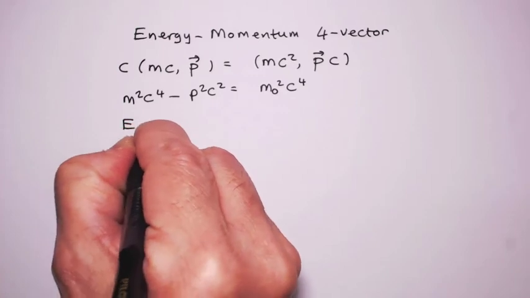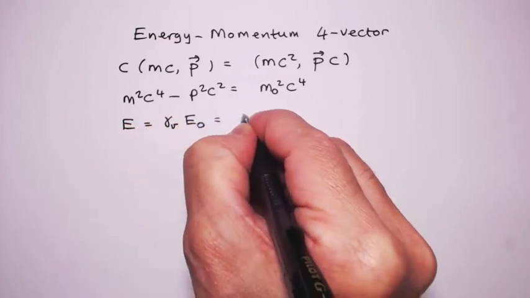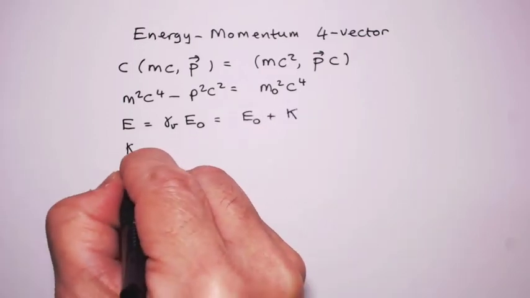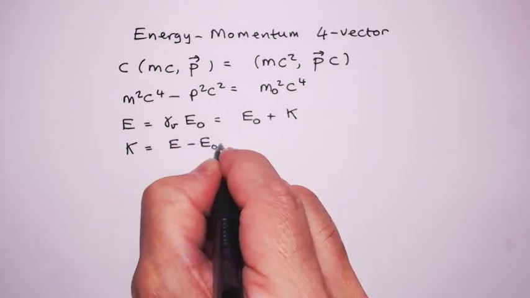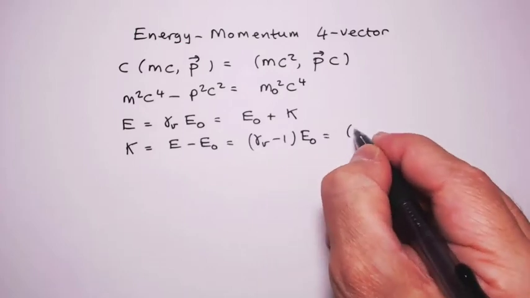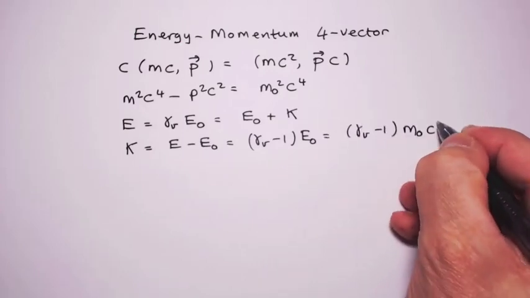The energy of a moving particle is E = γ E0, which consists of its rest energy plus its relativistic kinetic energy, defined as K = E - E0, which is equal to (γ - 1) E0, which is equal to (γ - 1) m0 c^2.